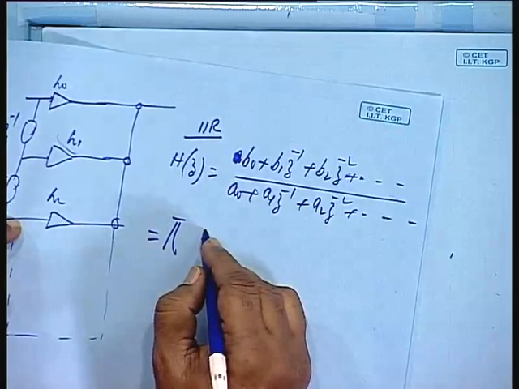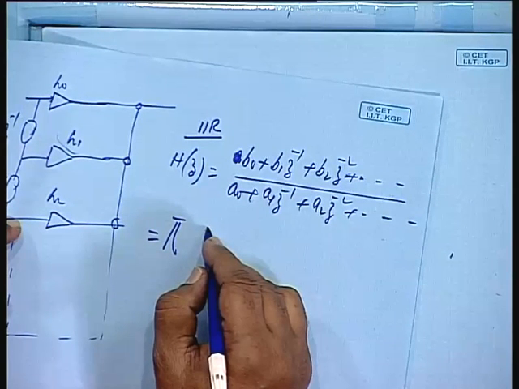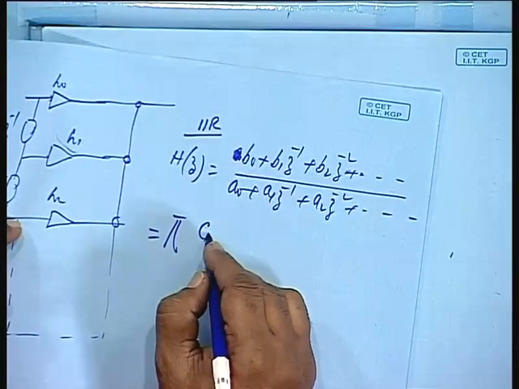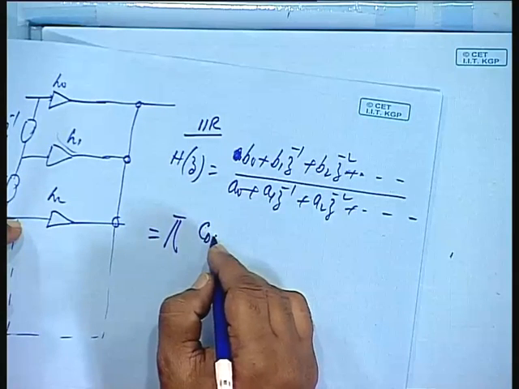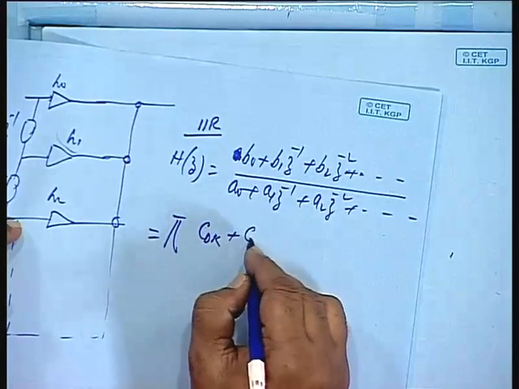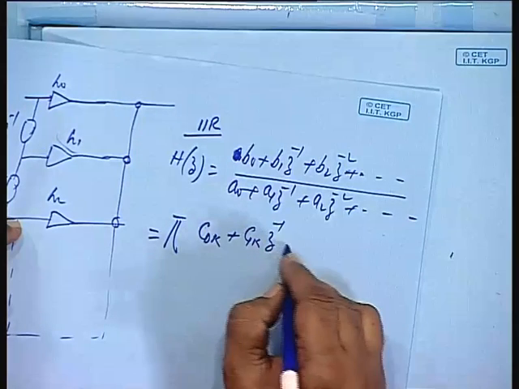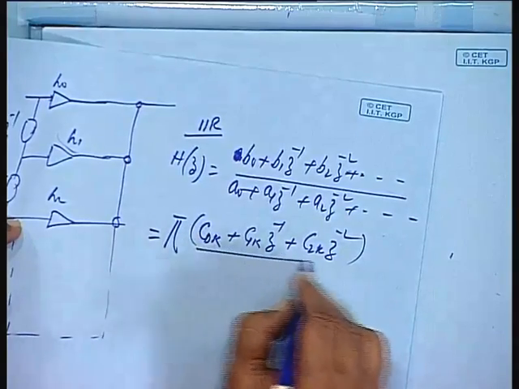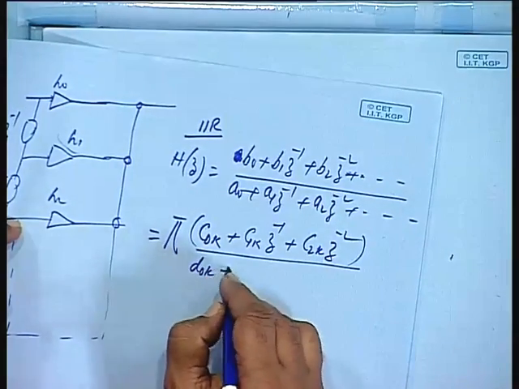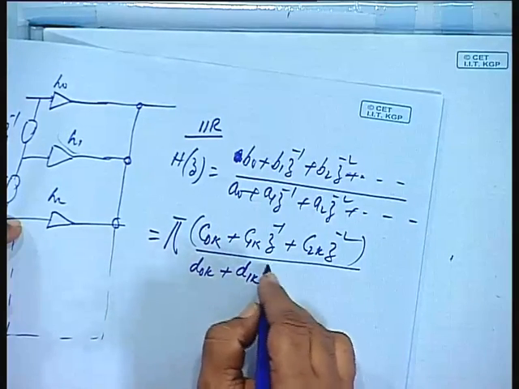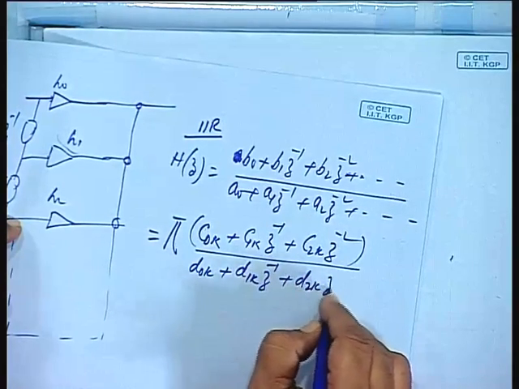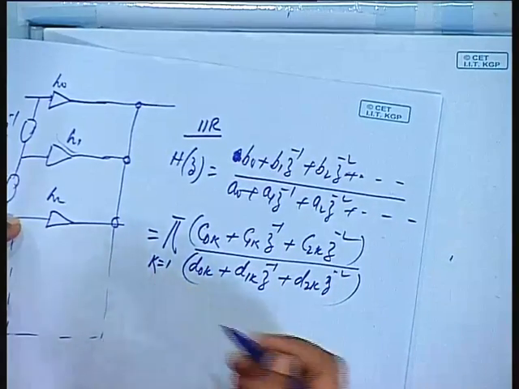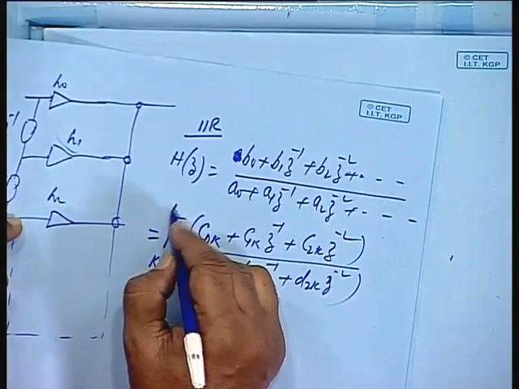Say I will call it C, because I have used A and B terms, so I will write like this: C0k plus C1k z to the power minus 1 plus C2k z to the power minus 2, divided by d0k plus d1k z to the power minus 1 plus d2k z to the power minus 2, where k varies from 1 to say any number p.